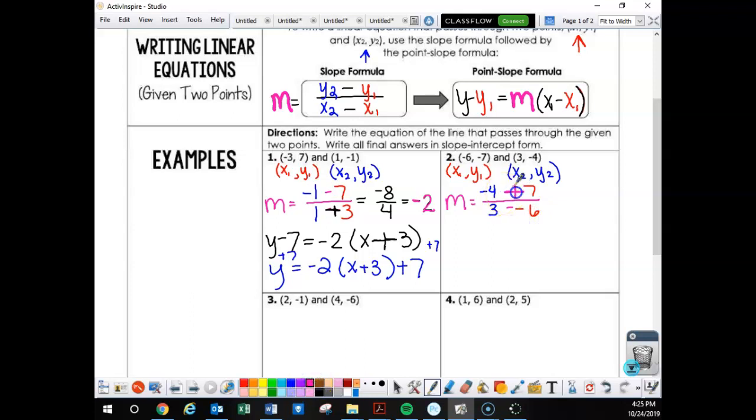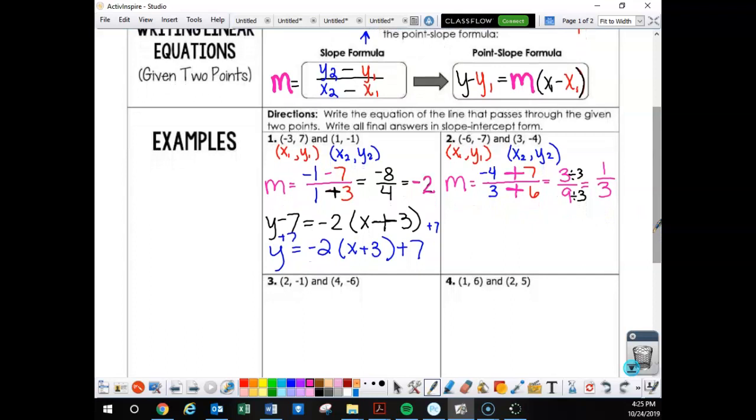These both become positive, so negative 4 plus 7, or 7 minus 4, would be 3, and 3 plus 6 is 9. I can reduce this by dividing the top by 3 and the bottom by 3. So 3 divided by 3 is 1, and 9 divided by 3 is 3.